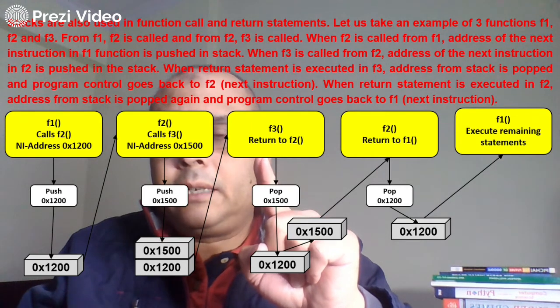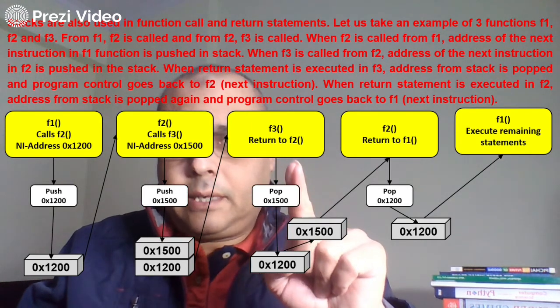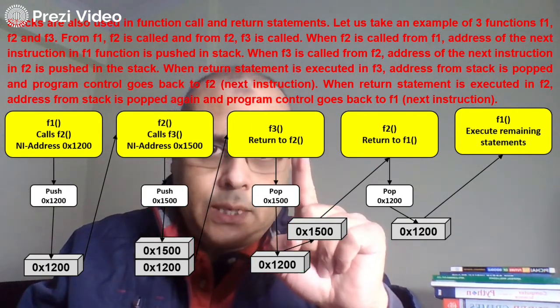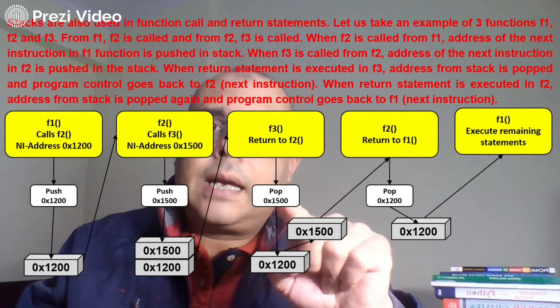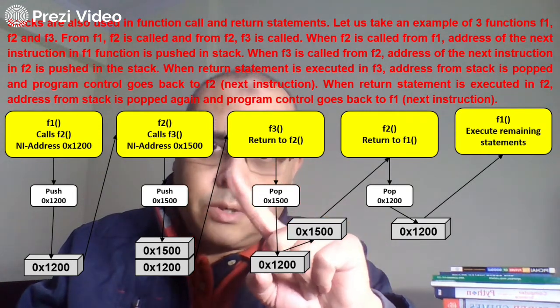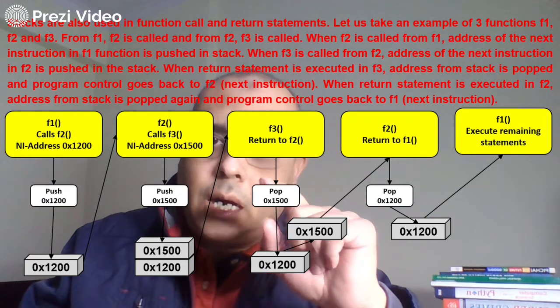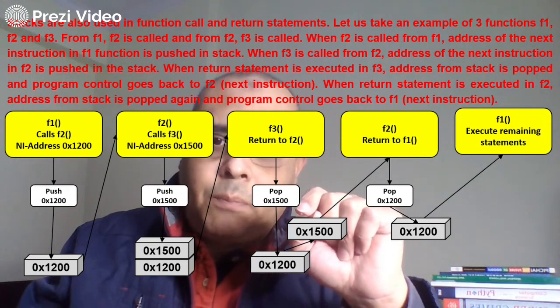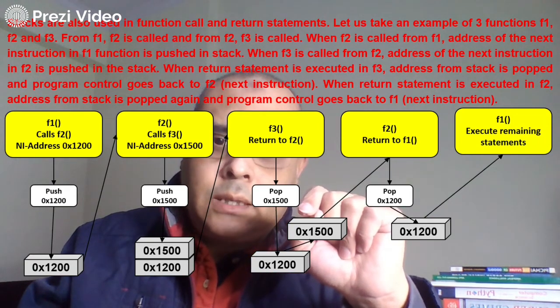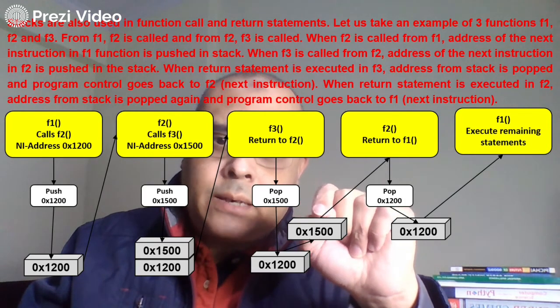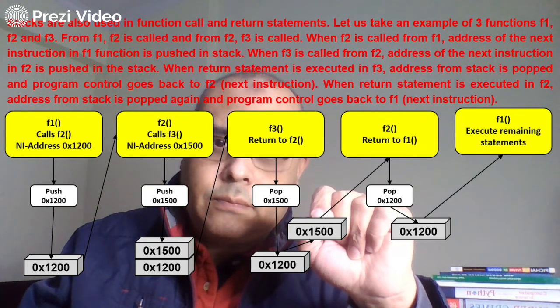The statements written in function f3 get executed, and now the control has to return to function f2. How will it return? It will pop the address stored in the stack and go back to that location.